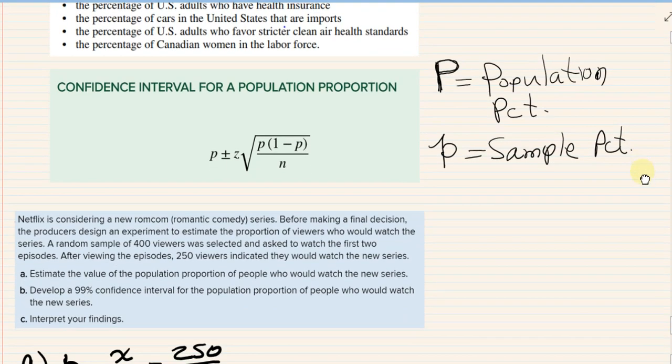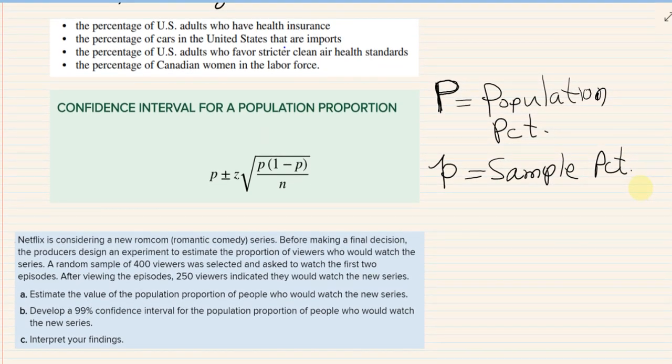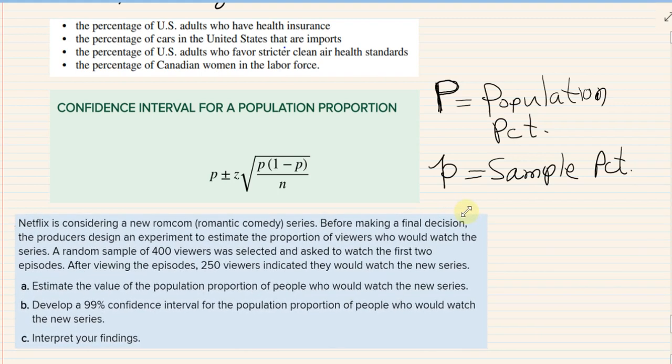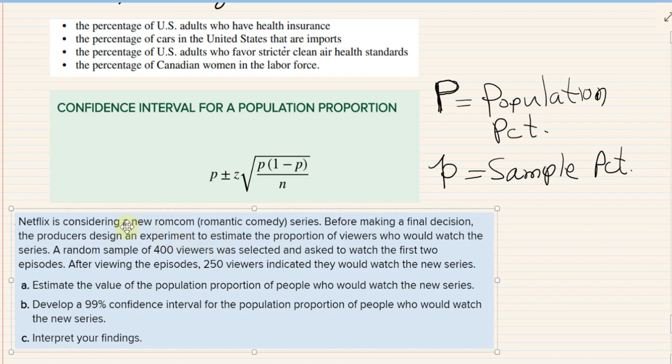So let's take a look at this exercise. It reads, Netflix is considering a new rom-com, that is romantic comedy, series. Before making a final decision, the producers design an experiment to estimate the percentage of viewers who would watch the new series.